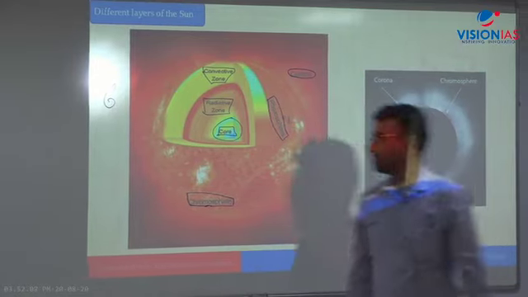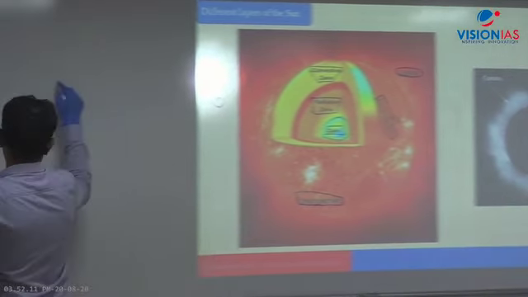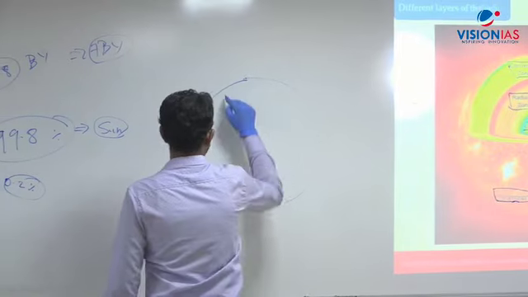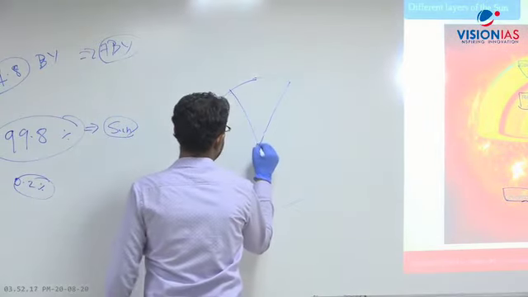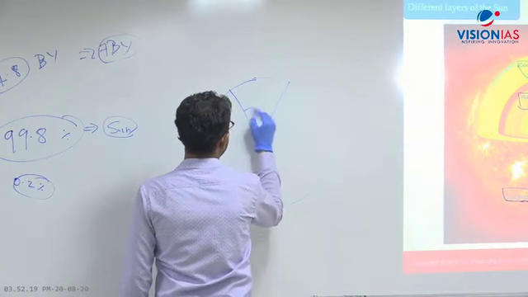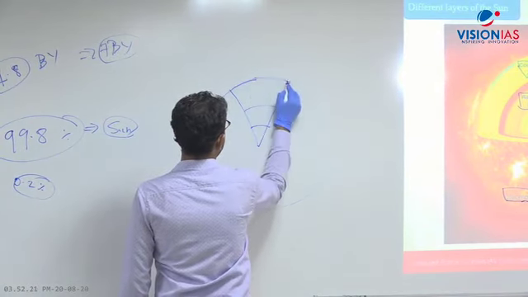So how will it look? If this is the sun and you take the cross section from the center, we have the core, radiative zone, convective zone.